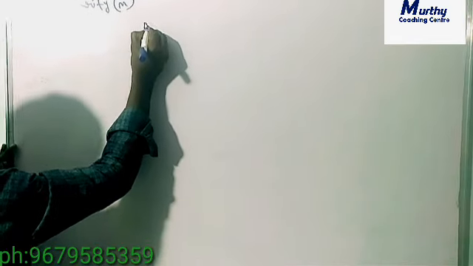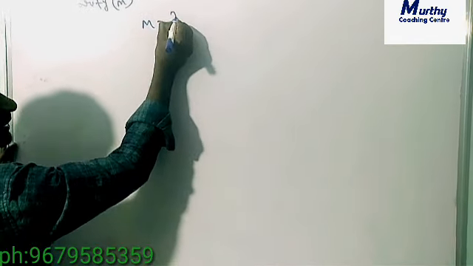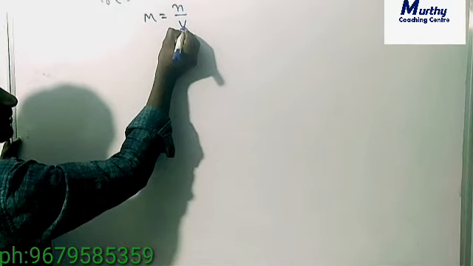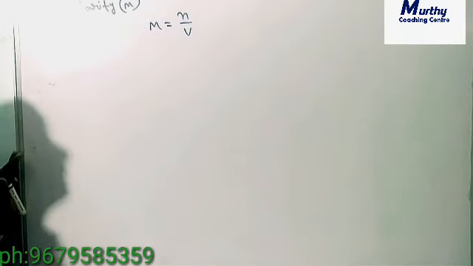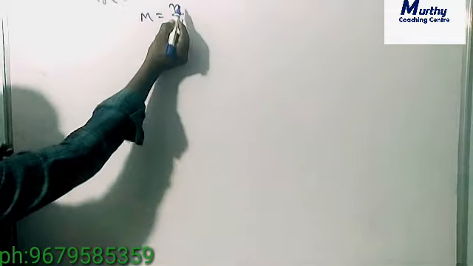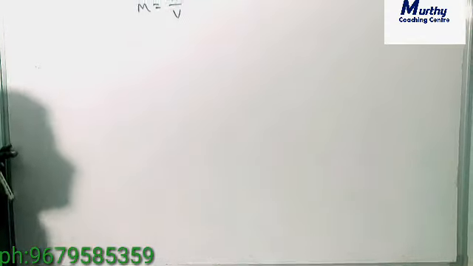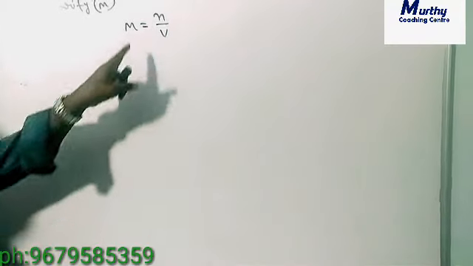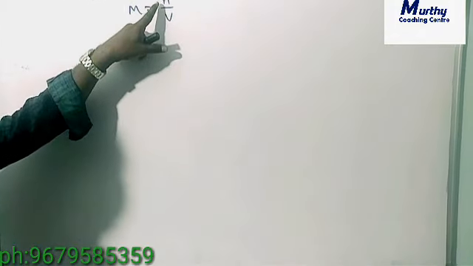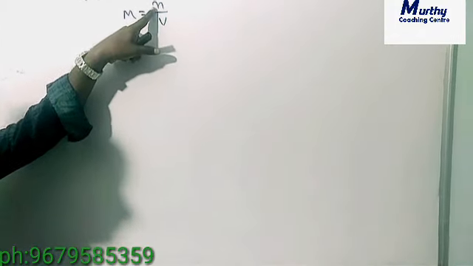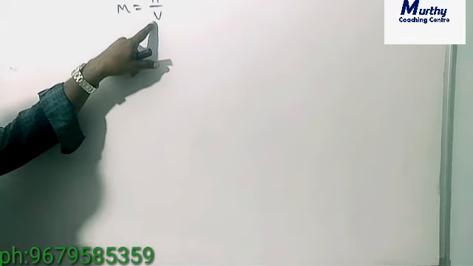Now the formula: capital M is molarity, n is the number of moles, V is the volume of the solution in liter. Let me see the definition again. Number of moles of solute present in 1 liter of the solution is called molarity.